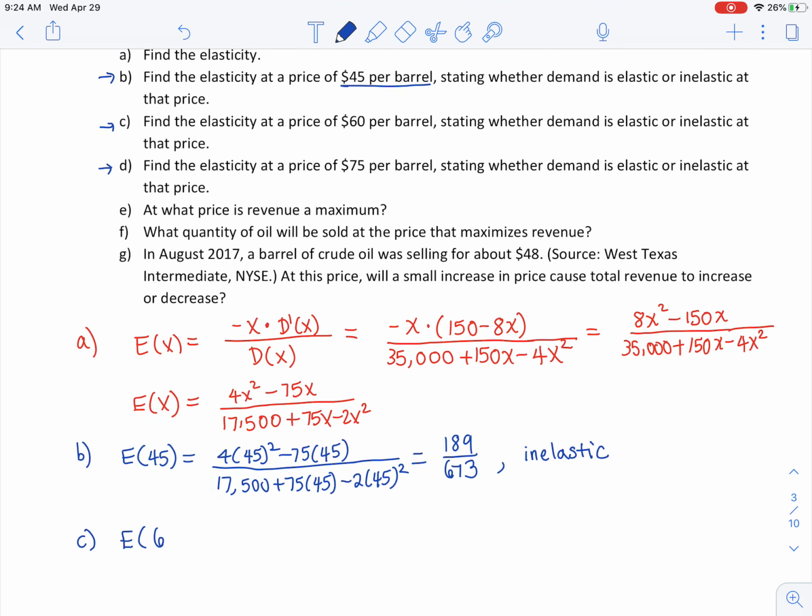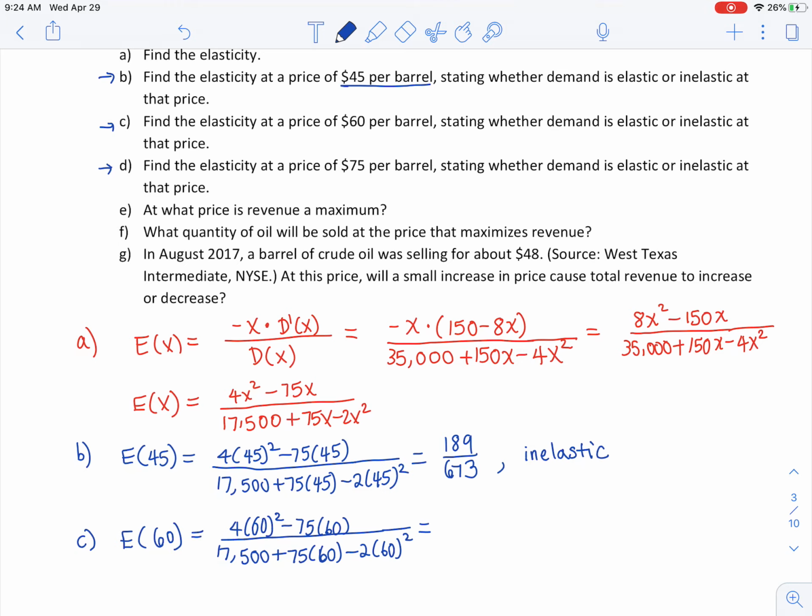Now let's try the same thing for C and D. That part's going to be a little easy. Just plug in 60 this time. So that will be 4 times 60 squared minus 75 times 60 all over 17,500 plus 75 times, no, not 45, 60 minus 2 times 60 squared.